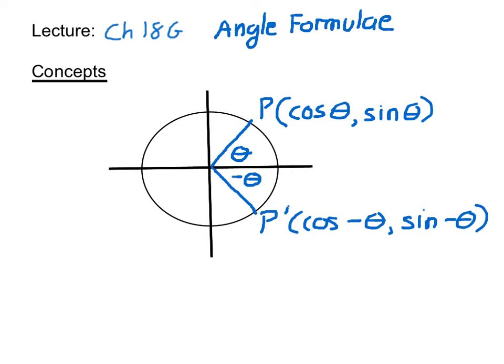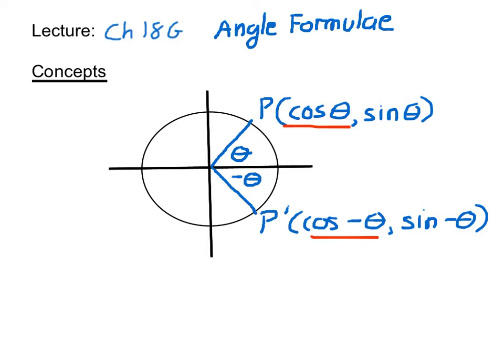Now we know from previous studies that because these 2 points are in the first and fourth quadrants, the cosines are going to be equal here. And we know that the sines are not equal, but they are negatives of each other.